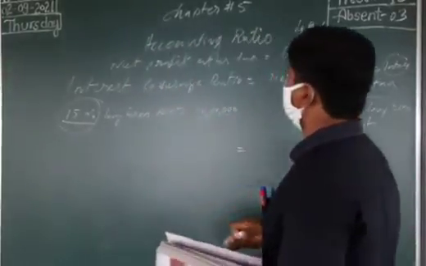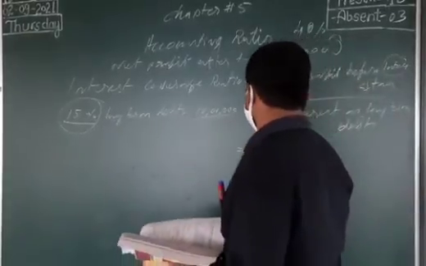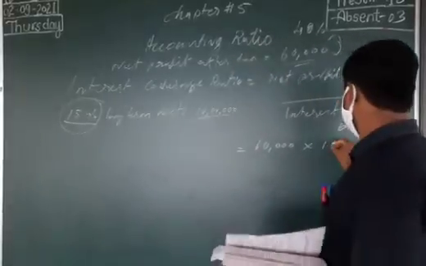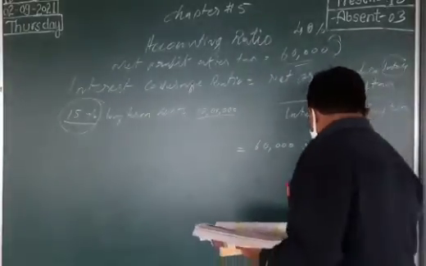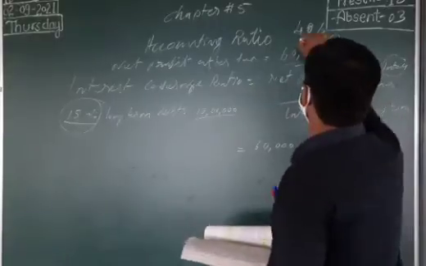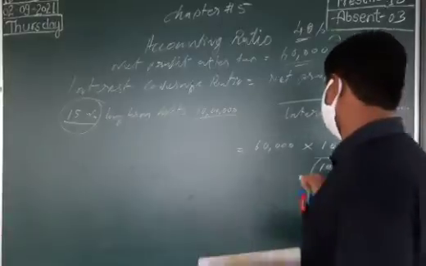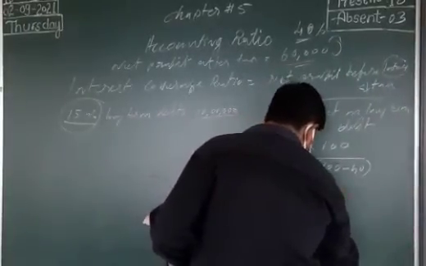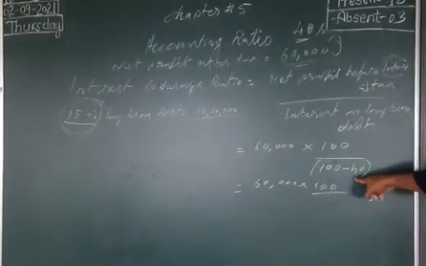Here the net profit is 60,000. So 60,000 into 100 upon 100 minus the tax percentage, which is 40. Next step: 60,000 into 100 upon 100 minus 40.